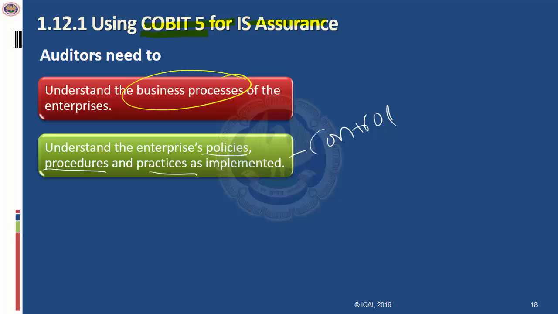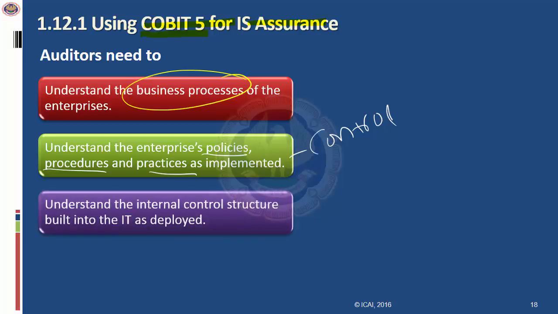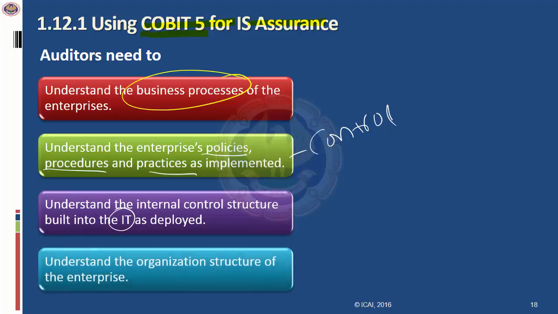So you'll understand what the control architecture is. You'll understand the internal control structure primarily from the point of how IT is deployed. And you'll also understand the organizational structure in terms of who can have access, what the organogram is, who can access what, and what the authorization policies are.